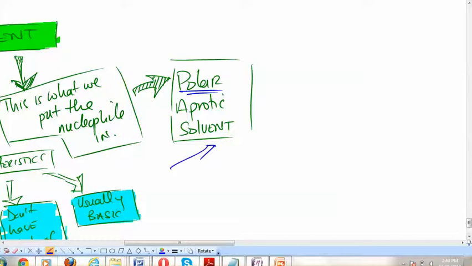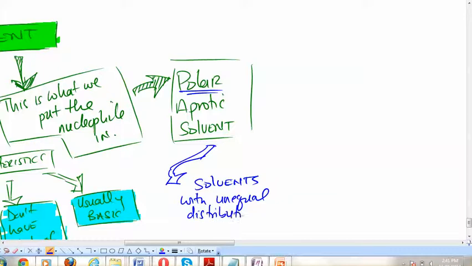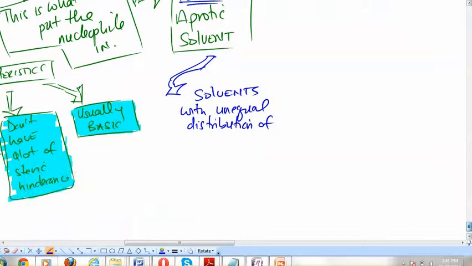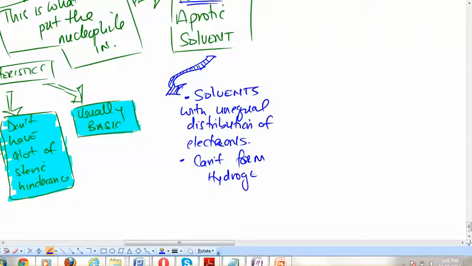So we're looking at solvents with an unequal distribution of electrons, and we're also looking at solvents that can't form hydrogen bonds.